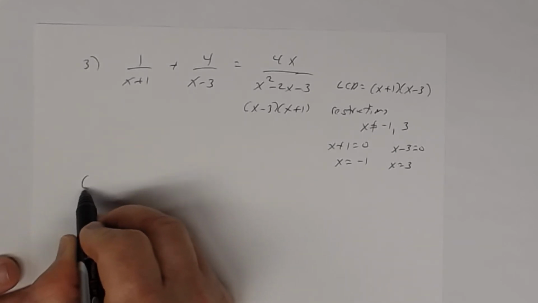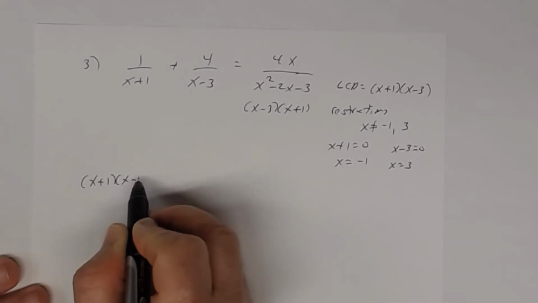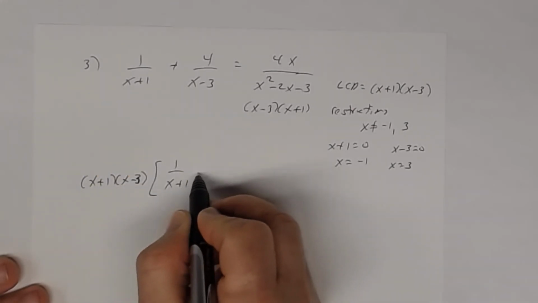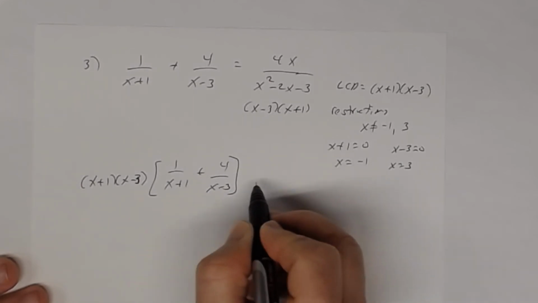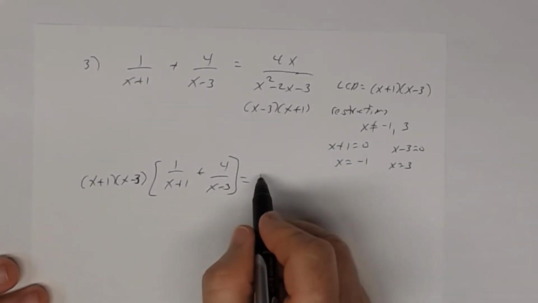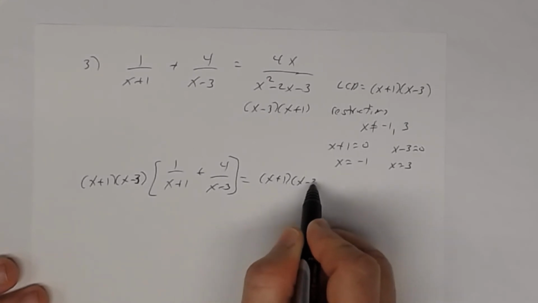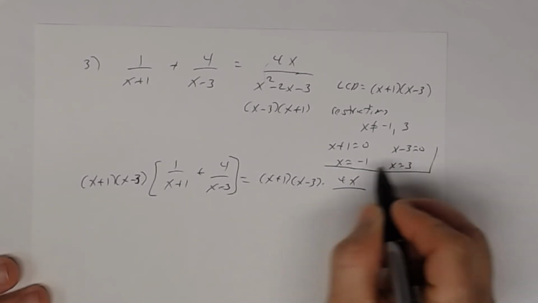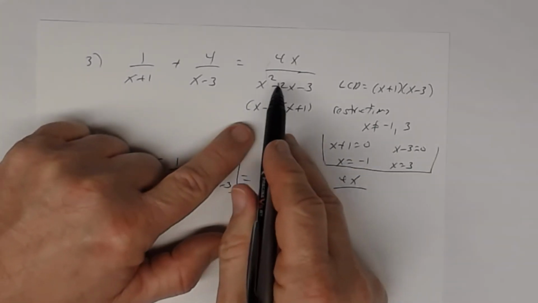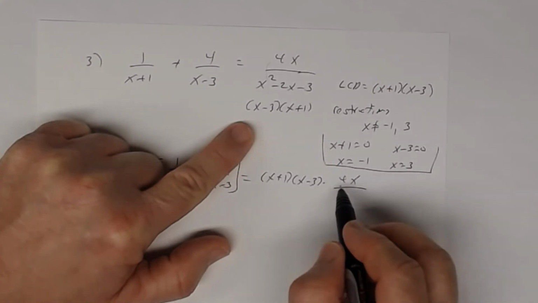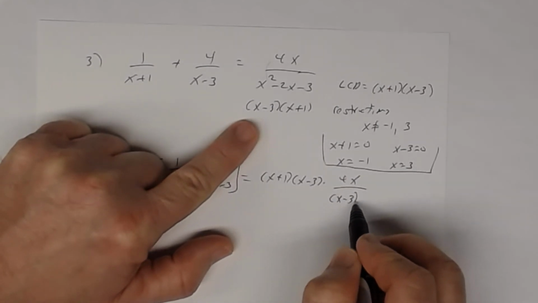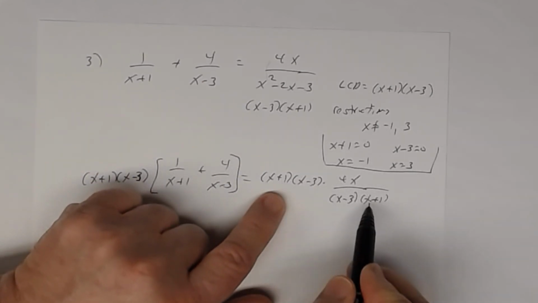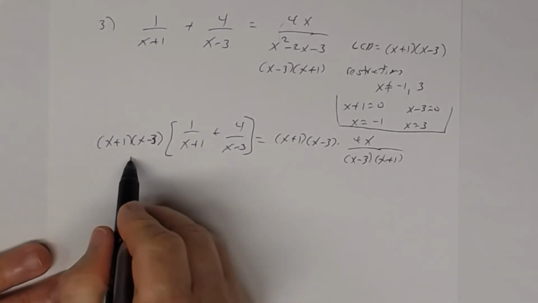So it'll be the least common denominator times 1 divided by x plus 1 plus 4 divided by x minus 3, equals the least common denominator, x plus 1 times x minus 3, times this fraction here, 4x divided by, and don't write it like the original, write it in factored form, x minus 3 times x plus 1. The reason is because you can see right away that those factors will divide out with these. Okay, the next step is to distribute.